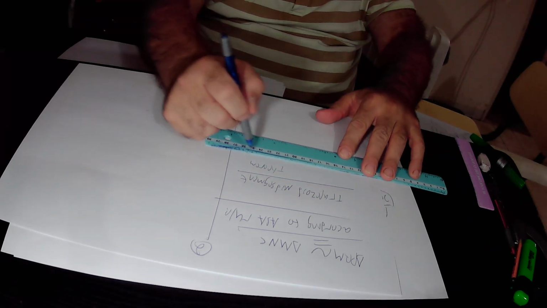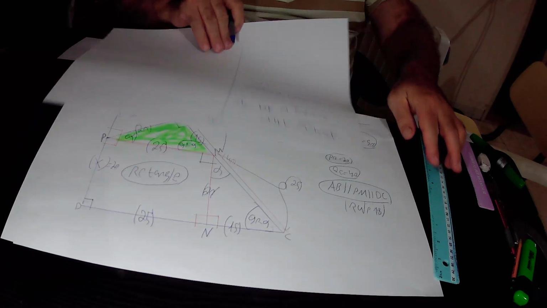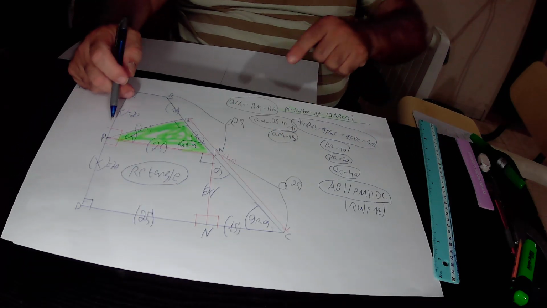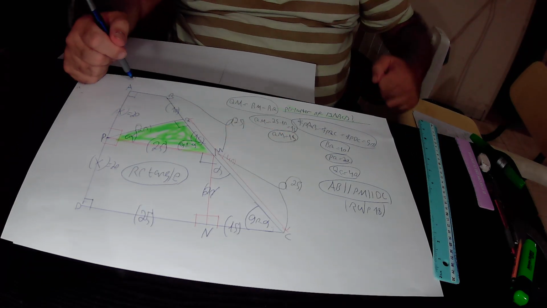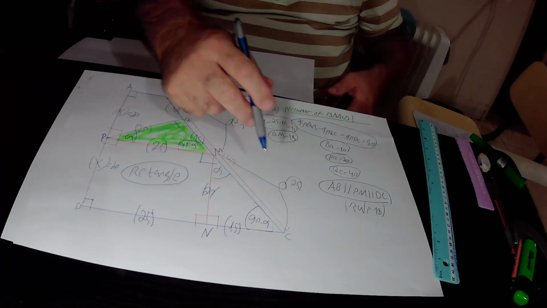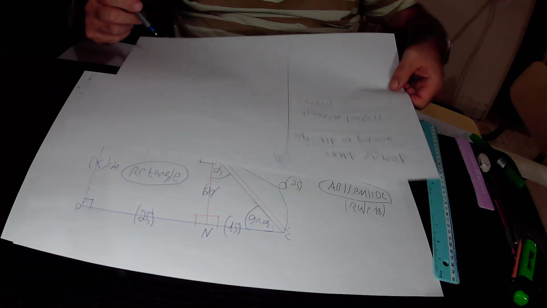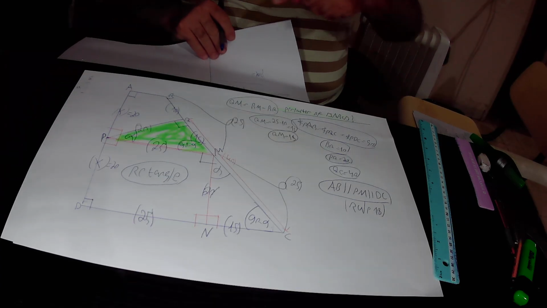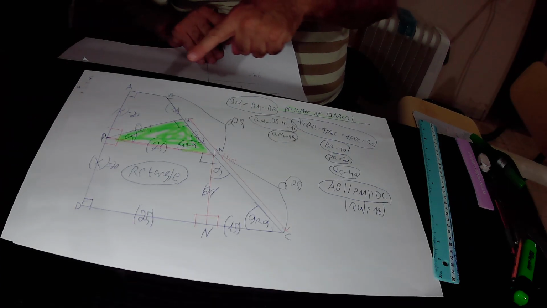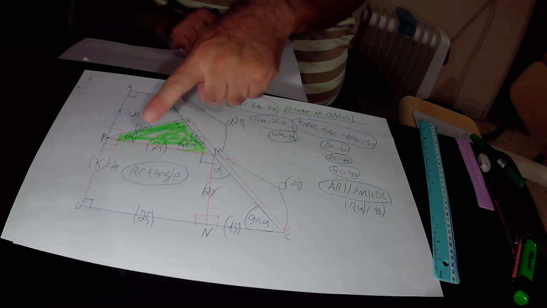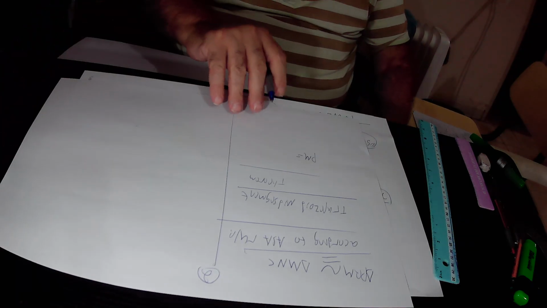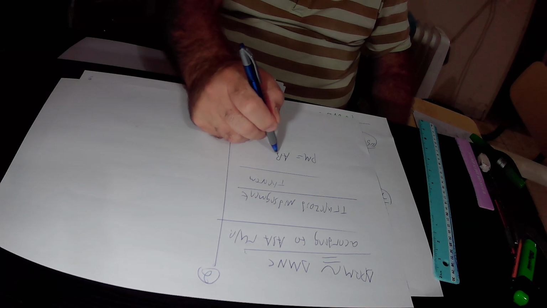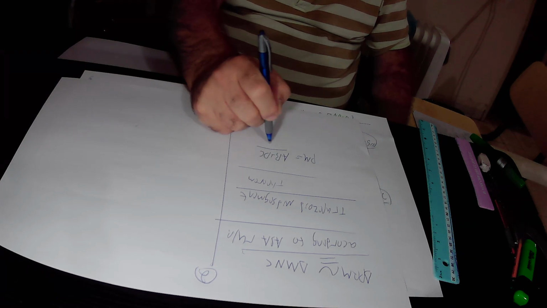the length of the mid-segment PM that bisects the two legs AD and BC, PM equals the sum of the two parallel bases of trapezoid ABCD, that is actually AB plus DC, divided by 2.